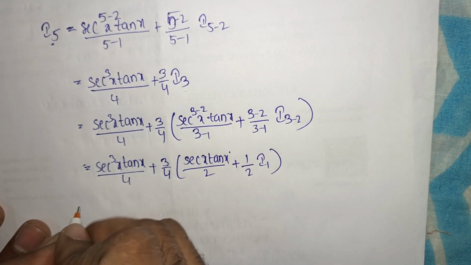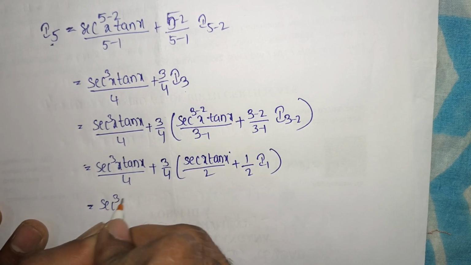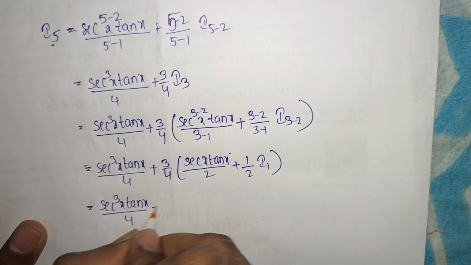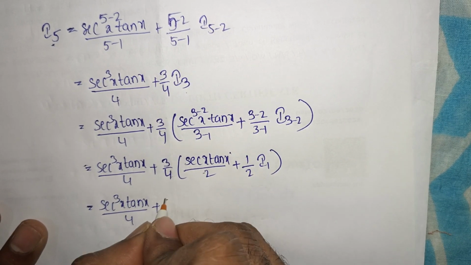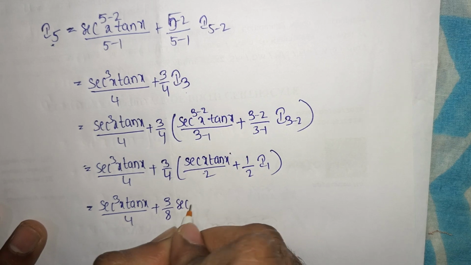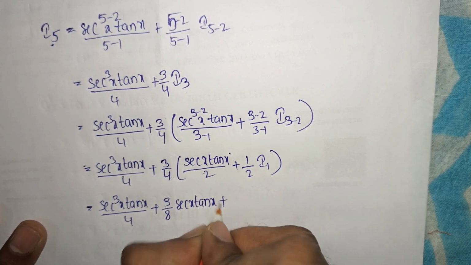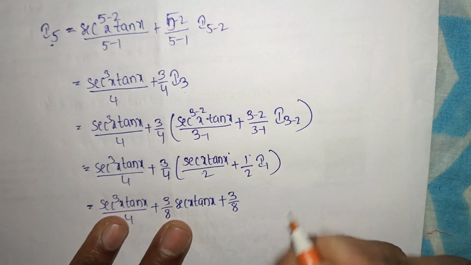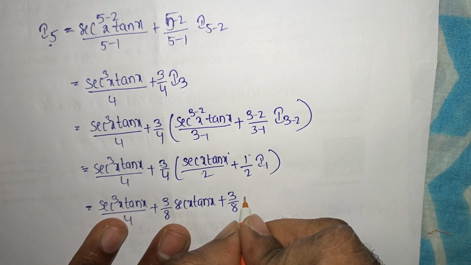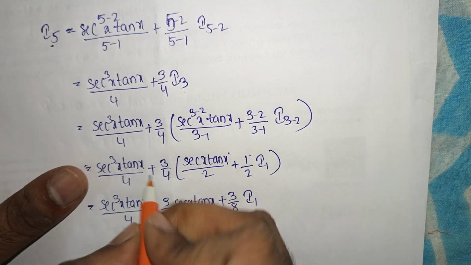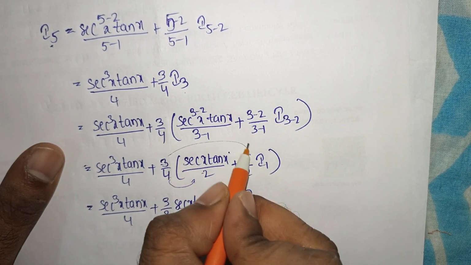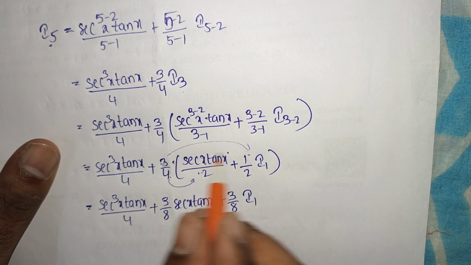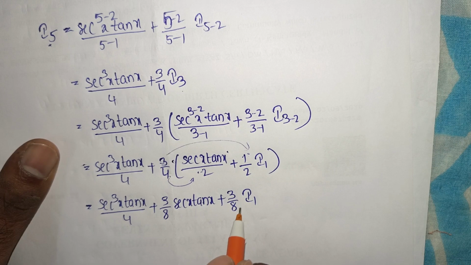Next, secant cube x tan x by 4 plus 3 by 4, multiplying this out, 3 by 8 secant x tan x plus 3 by 8 I1. We have simply multiplied: 3 by 4 times this, 3 into the numerator, 4 into 2 in the denominator, it's 8.